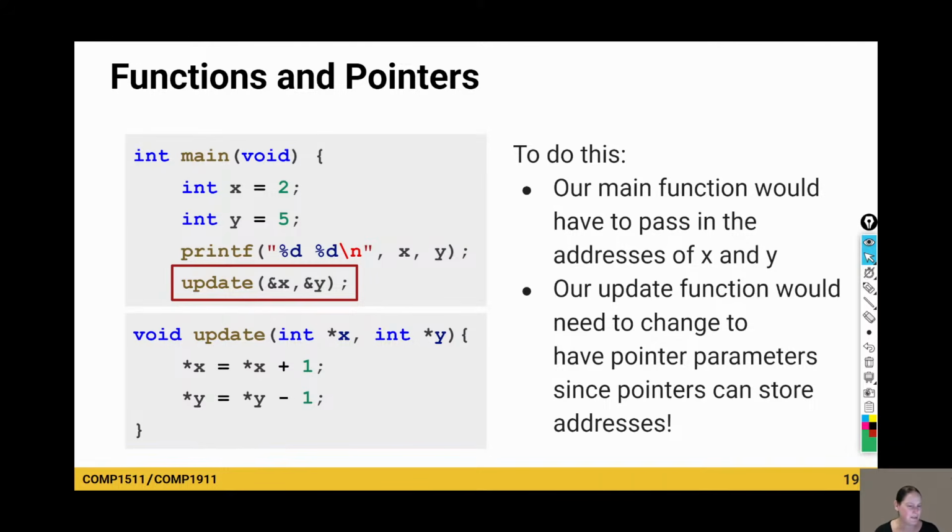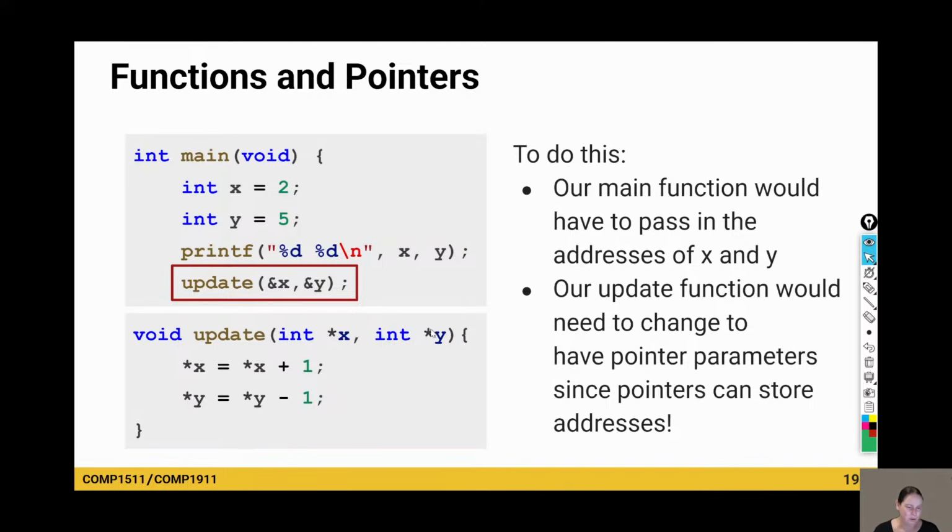So we can do something similar ourselves. We can pass in the addresses of our variables to functions. Those functions then have to be written in a way that allows that, so they need to have pointers as their parameters or inputs, because pointers are the types of variables that can store addresses.